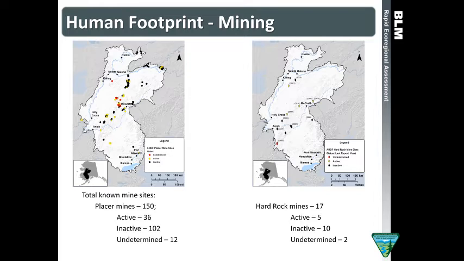So it hasn't been updated for the last year, and it's hard to tell what the current status is of any of these mines. Given all that, it's still useful to have, and these are the numbers: active and inactive and undetermined. We don't know what undetermined means. There's not much of an explanation in the data set, but this is the best we got.